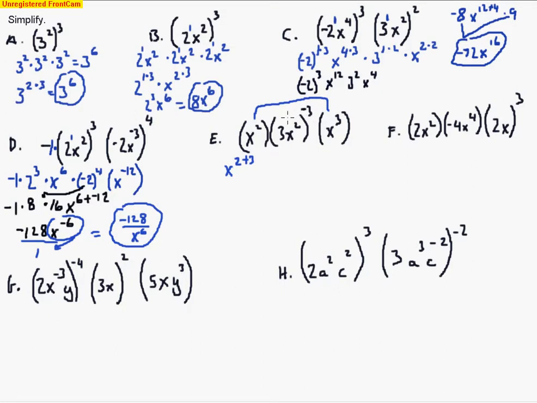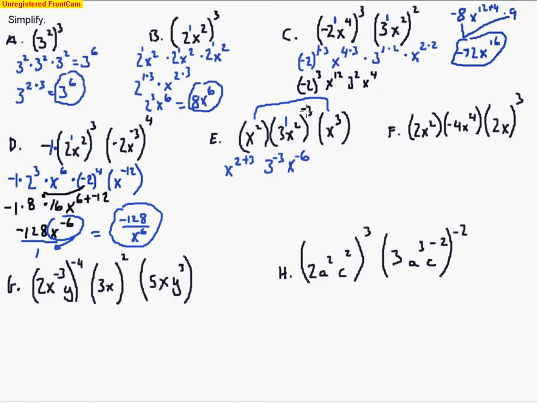So again, we'll treat this as 3 to the 1st power, and we'll go ahead and think of 3 groups of 1. So this is going to be 3 to the negative 3rd power because we have the opposite of 3 groups to the 1st. And then we have the opposite of 3 groups of x squared, so that's going to end up giving us an x to the negative 6.